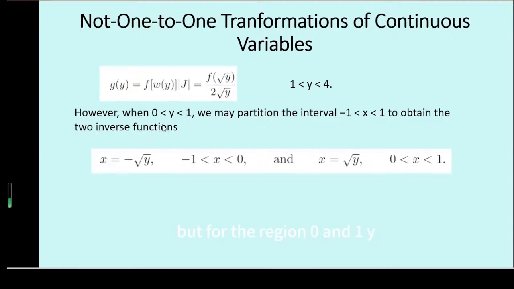But for the region 0 to 1 for y, we may partition the interval x between -1 and 1 to obtain two inverse functions. So for x between -1 and 0, x equals minus square root of y. And for x between 0 and 1, x equals positive square root of y.